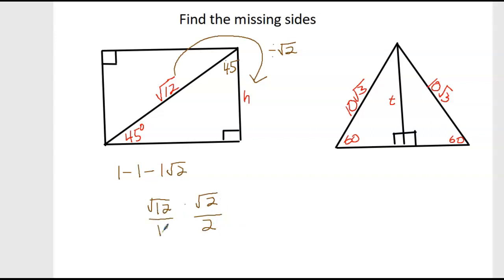Every number is over 1, so we can do that. We are going to get 12 times 2, which gives us 24, and it's a square root of that, all divided by 2.